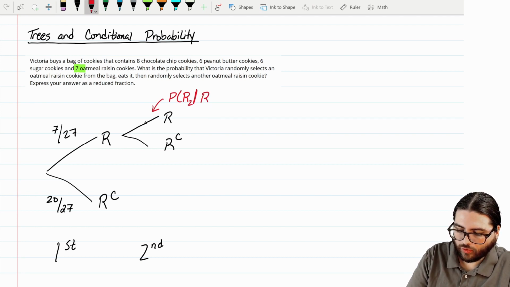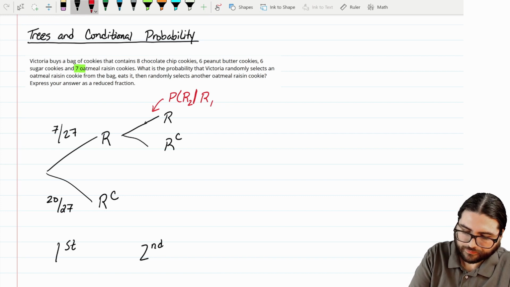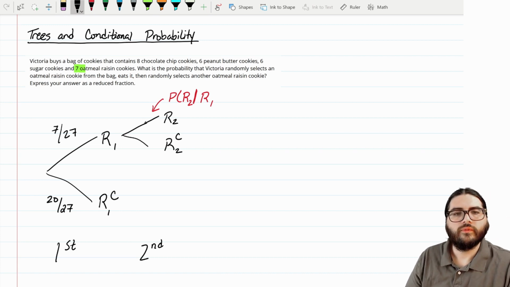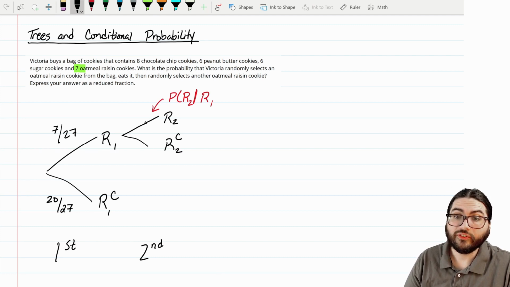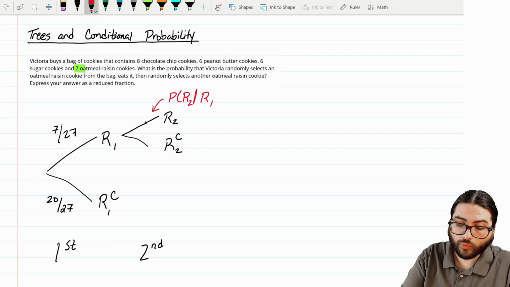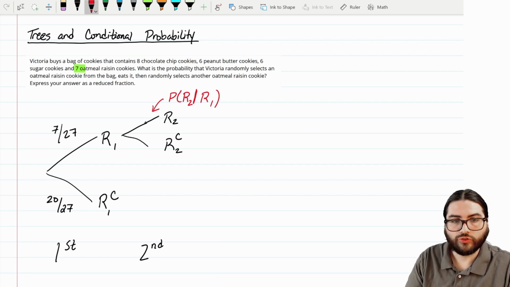And I might call that R2 given R1. What's the probability that I get the raisin cookie on the second draw, given that I've already drawn out one of the raisin cookies for my first draw?